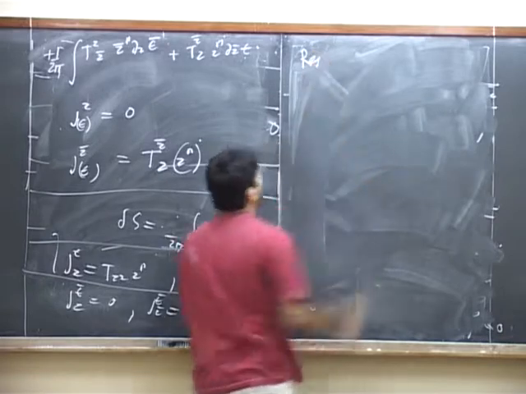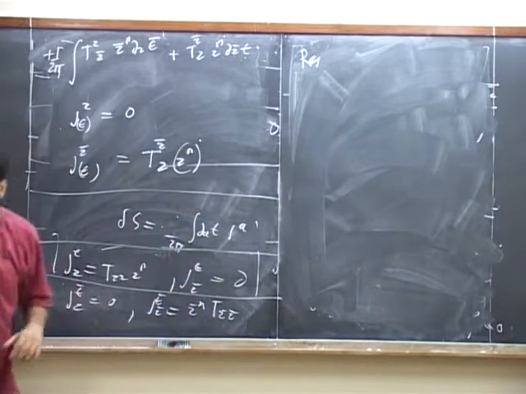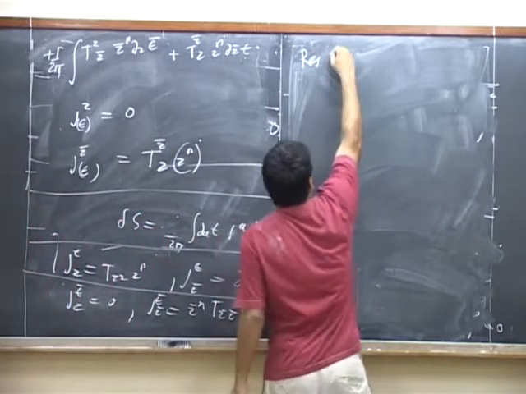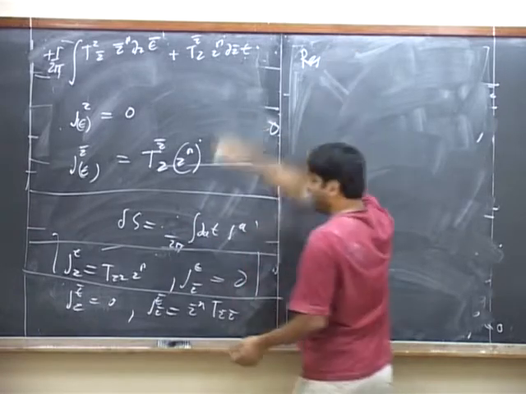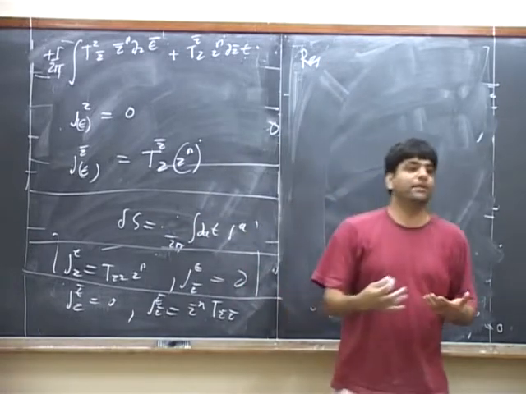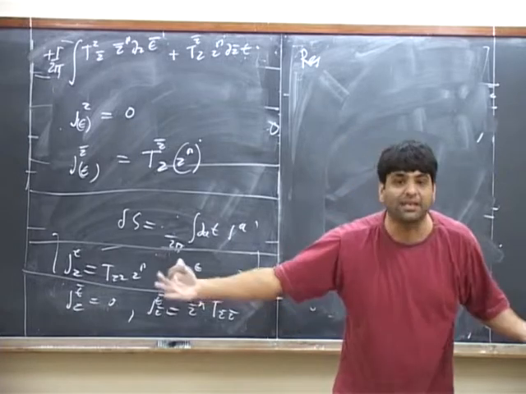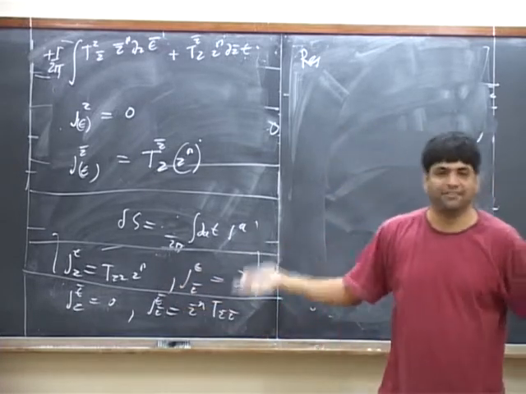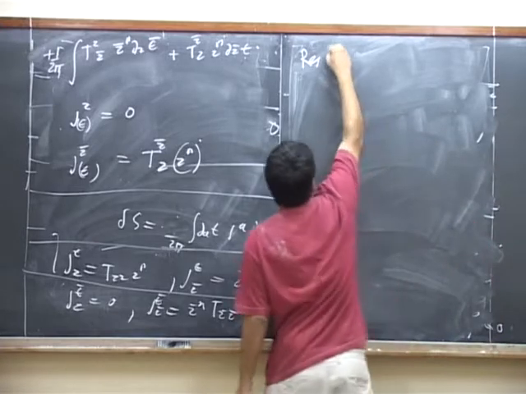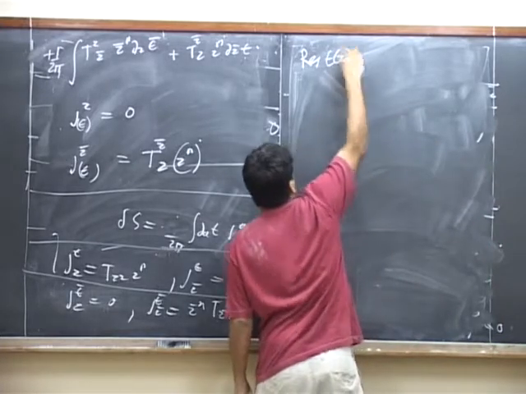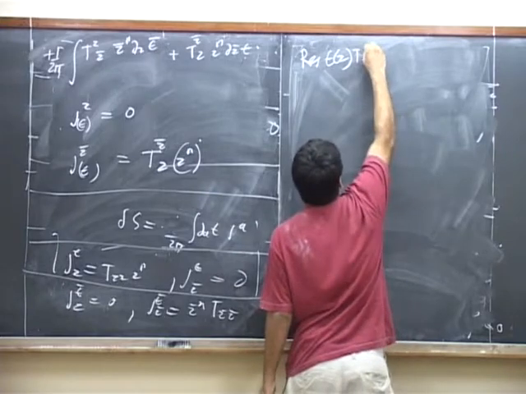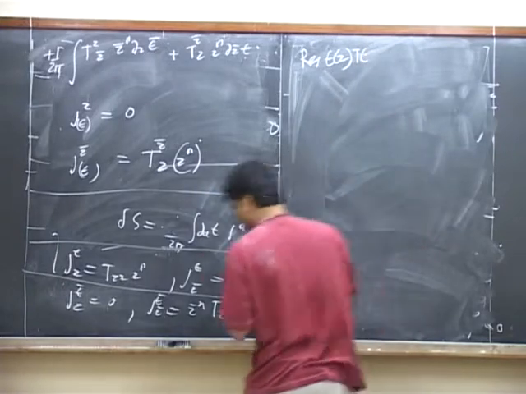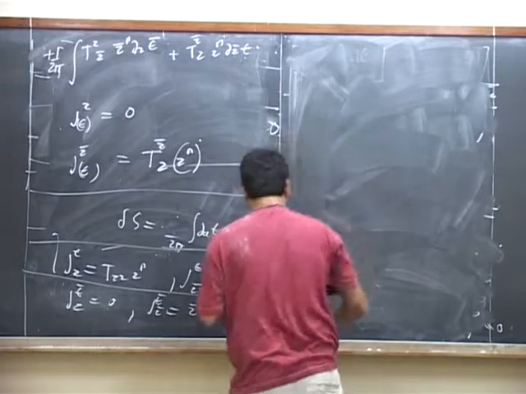Okay. Then the residue of z to the power n, and now, I've done it for z to the power n, but since it works for z to the power n, it works for any analytic function of z. n could be any positive or negative number. So, residue of epsilon of z times T(z), well, let me just say more clearly.